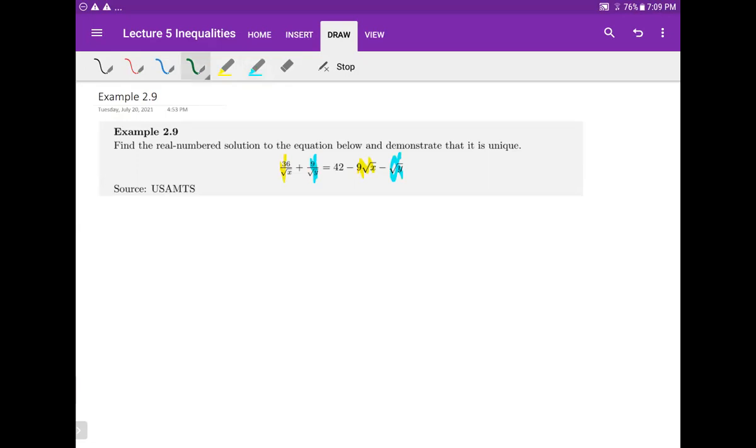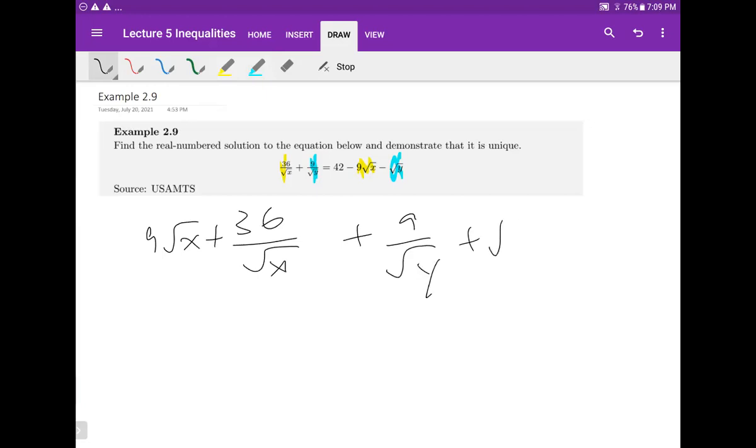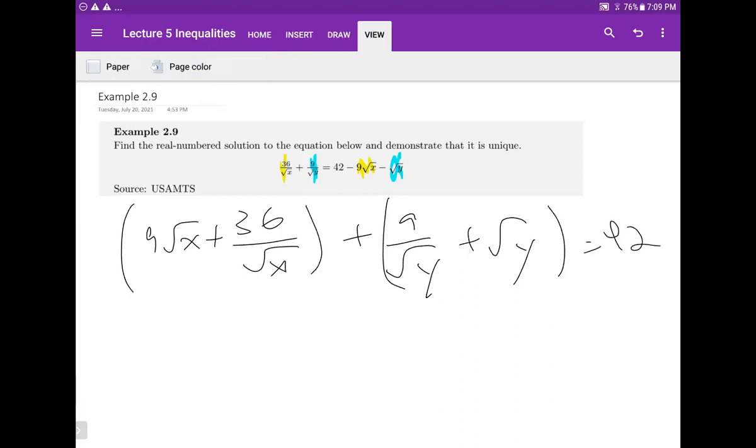So if we do this grouping, we would have 9 root x plus 36 over root x, plus 9 over root y plus root y, and if we group these two terms together and those two terms together, it is equal to 42. We can break the problem down into two parts. The first part, we want to minimize 9 root x plus 36 over root x.